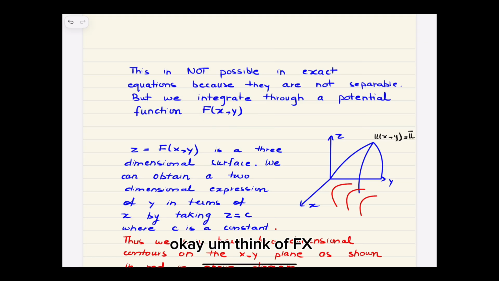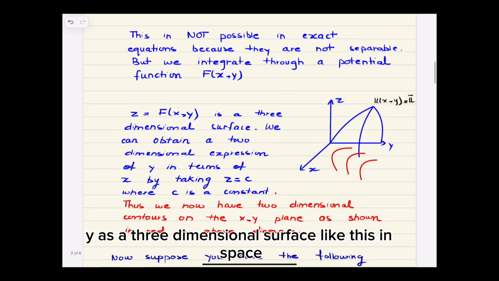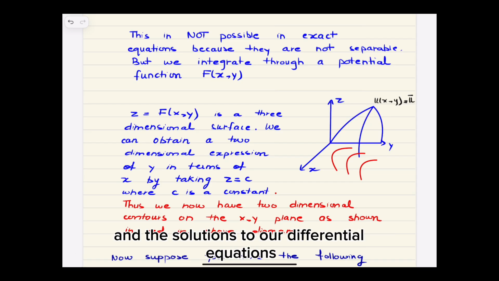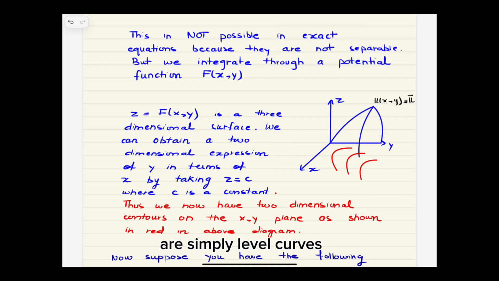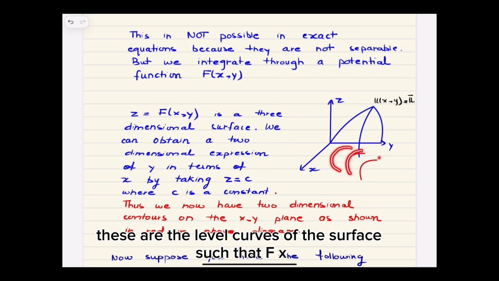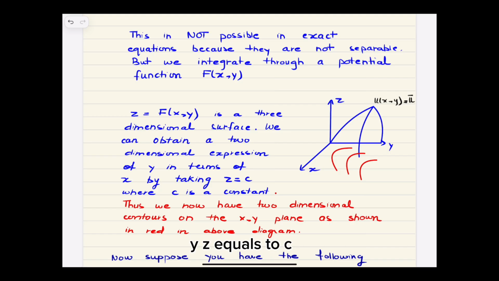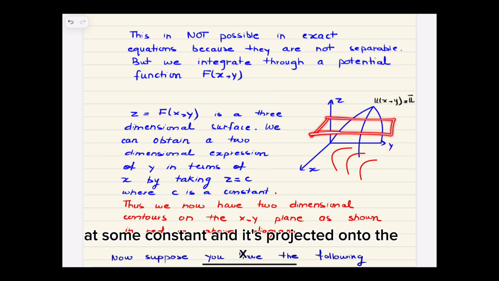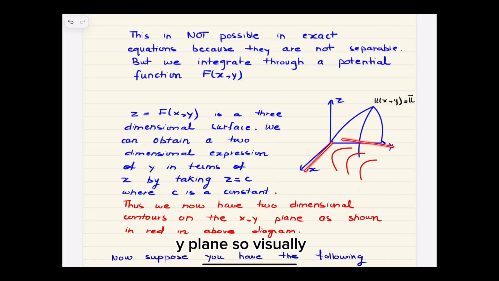Think of f(x,y) as a three-dimensional surface like this in space, and the solutions to our differential equations are simply level curves. These are the level curves of the surface such that f(x,y) equals c, some constant, and it's projected onto the xy plane.